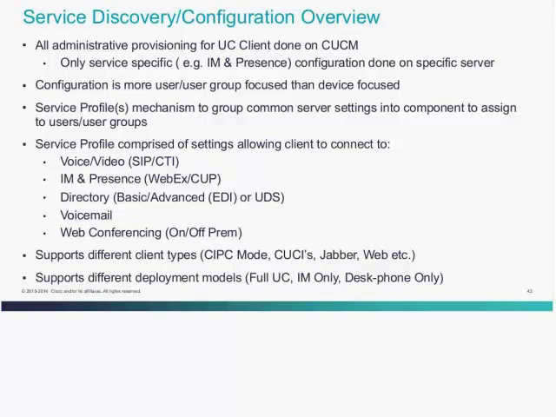So it's more group-focused rather than user-based preferences. It supports different clients like CIPC, Jabber, web clients, etc. It also supports different deployment models, which include, let's say, the user is only allowed instant messaging, or the user can control his desk phone, or he has full UC control.